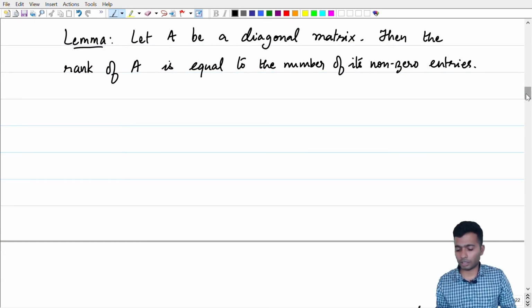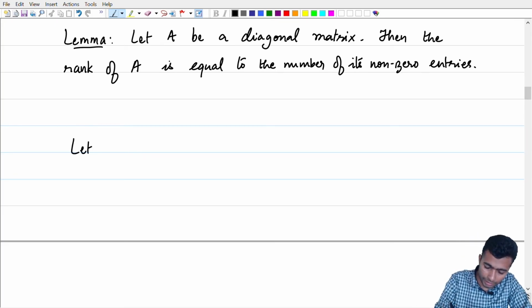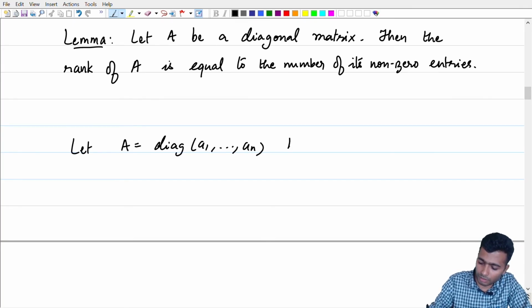Okay, so now let's look at the linear transformation corresponding to a given matrix. So let A equal to, say, diag of a1 to an be a diagonal matrix.